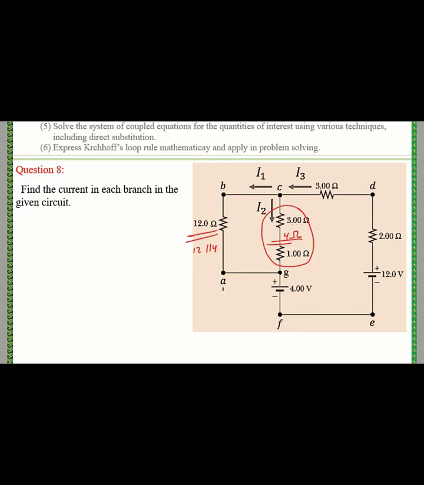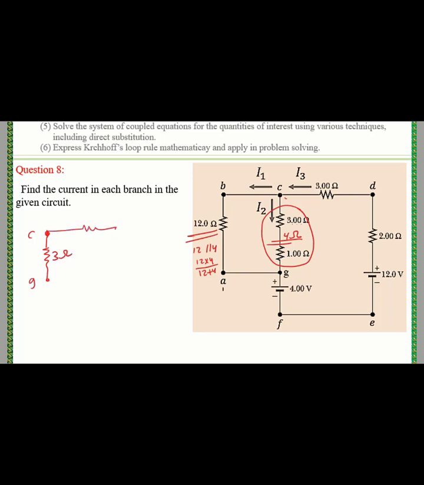So they will be equal to 3: 12 times 4 over 12 plus 4. So you can remove everything between C and G and put between C and G only a resistance with 3 ohms.